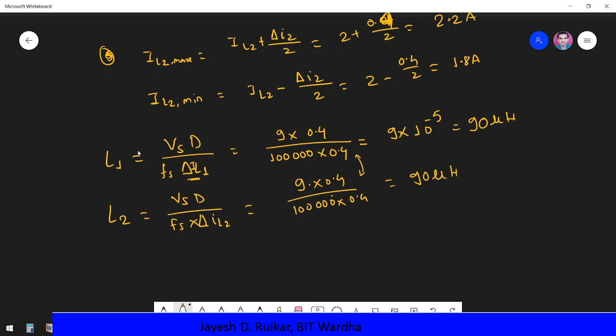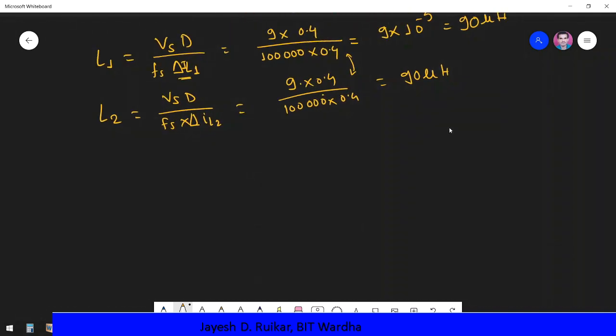Now the next step is we need to calculate the value of capacitance. In order to calculate it, we'll calculate the value of C1, that is Vout multiplied by D, divided by R, Fs, and the change in the voltage across capacitor 1. So we need to calculate the value of R first.